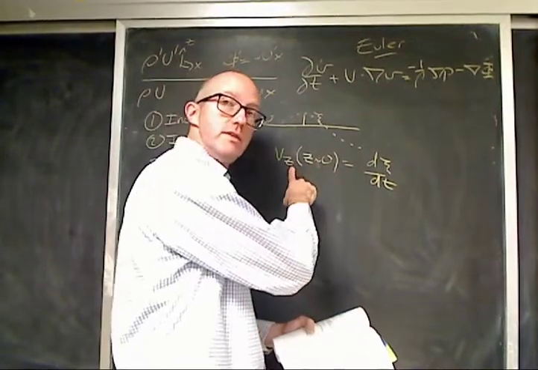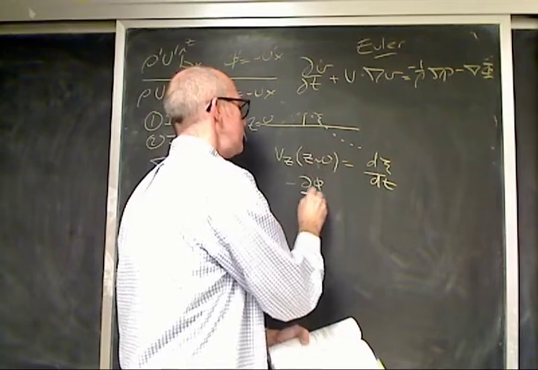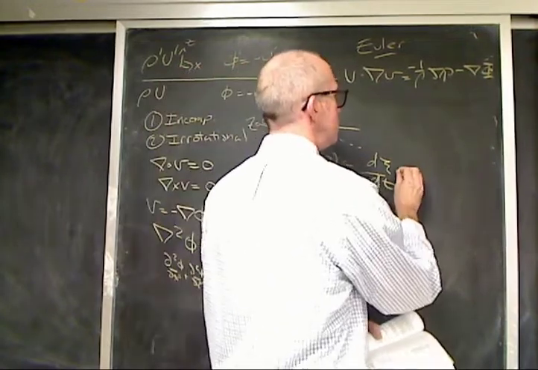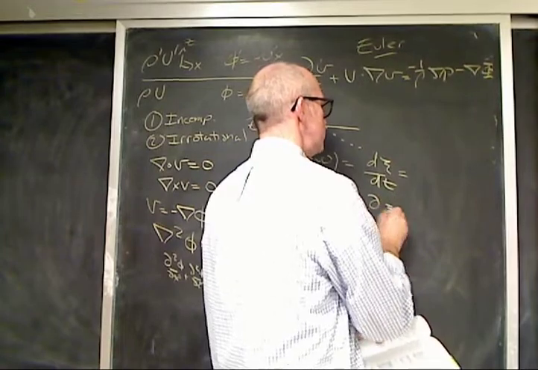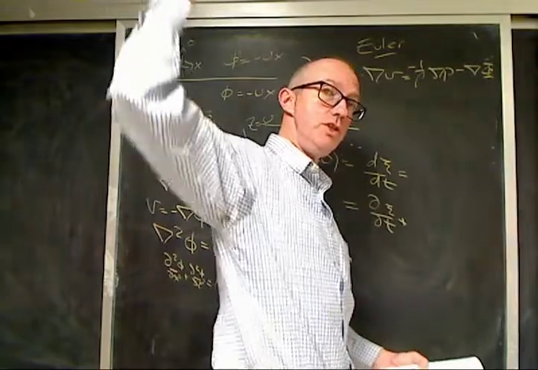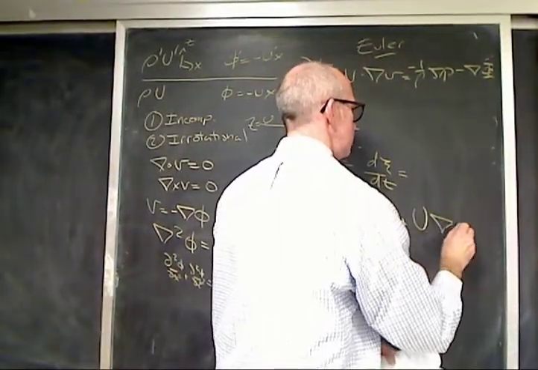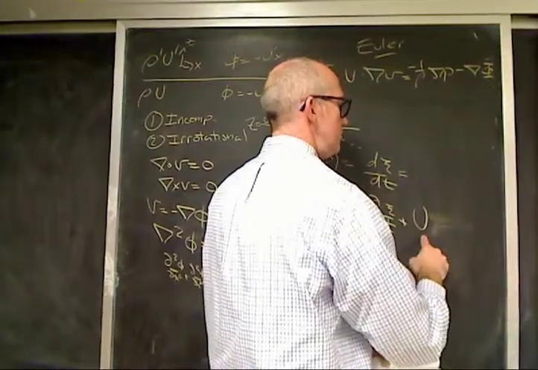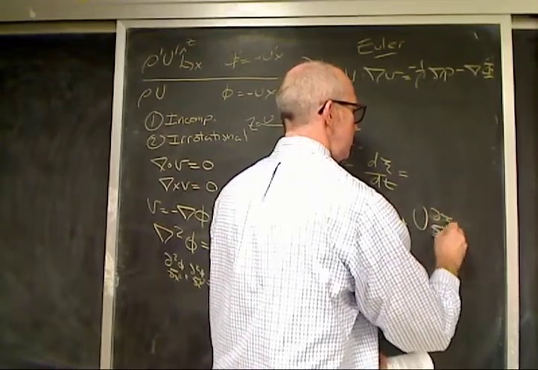The first thing, I know what Vz is. I know how to get this from phi. So this is minus d phi dz. And this is a full derivative. So if we expand this out like a full derivative, then we're left with partial xi, partial t, plus v, but I know what v is. V is just u. Dot grad, and grad is now in just one dimension, and this is vx, d xi dx.